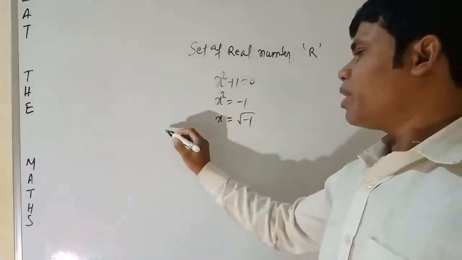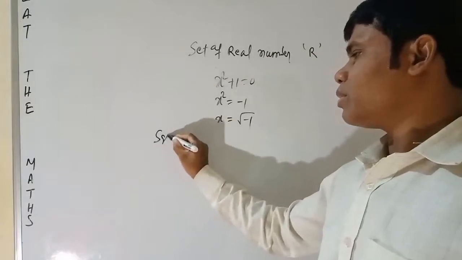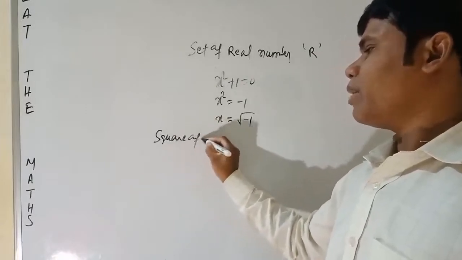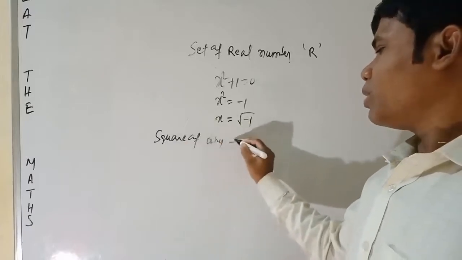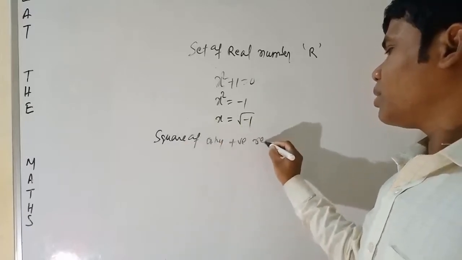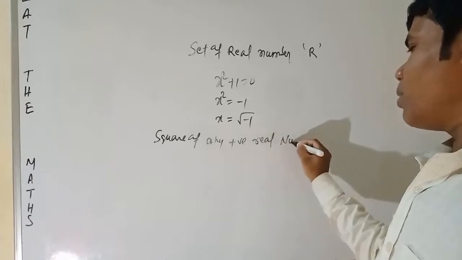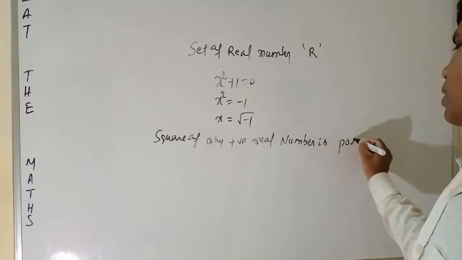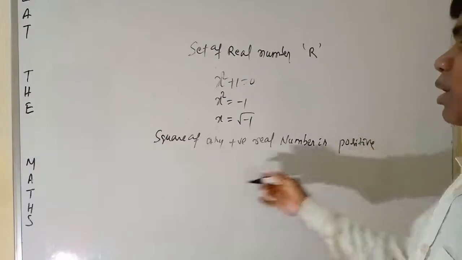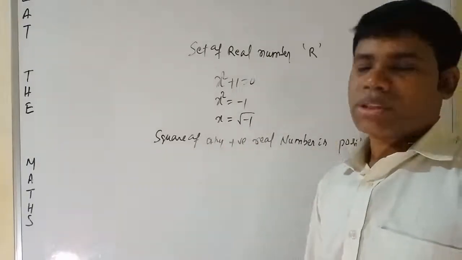Okay, you see, the square of any positive real number is positive.